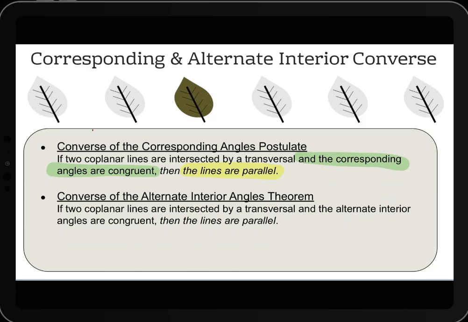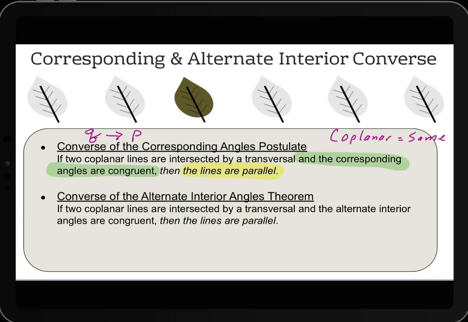So here we're establishing that we want to show that the corresponding angles are congruent, and then if they are, we can show then that the lines that are being cut by the transversal are parallel. So this condition here has to occur. We have to have two lines cut by a transversal. Now, for those that don't remember, coplanar means that they lie in the same plane.